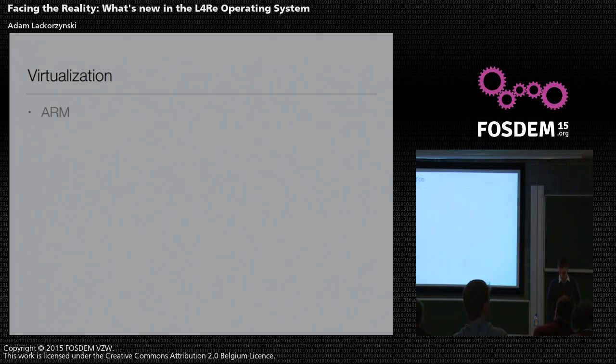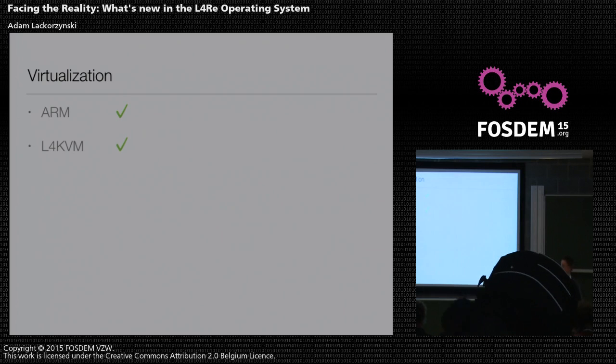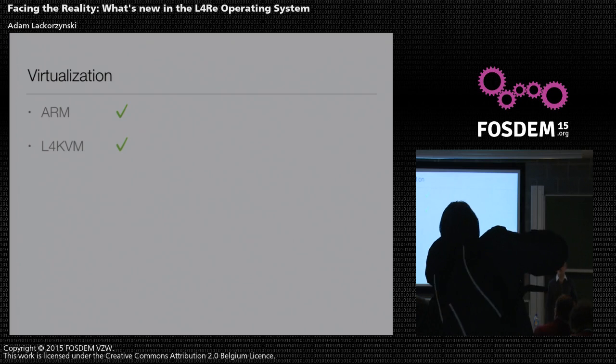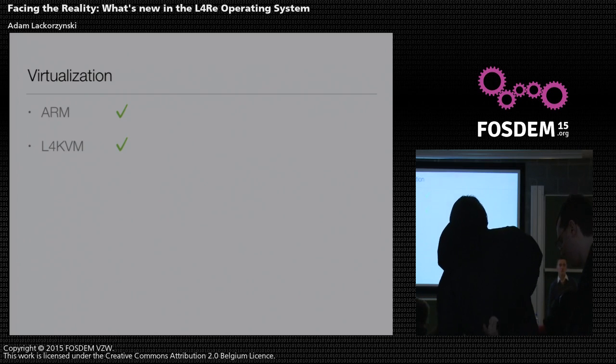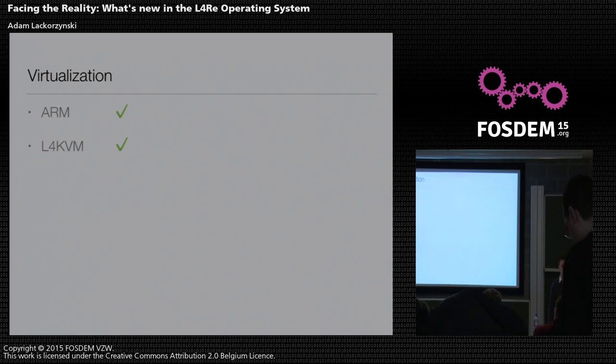On virtualization, we added ARM virtualization support. I think it's one of the major features there. We re-enabled and extended L4 KVM support, so on 64-bit x86 hosts, we are also capable of running, for example, 32-bit guests, which I think is a big feature.